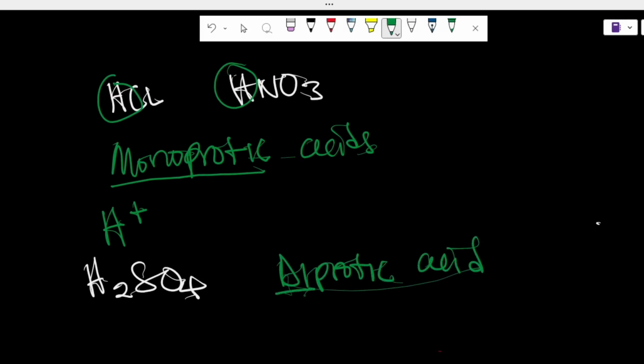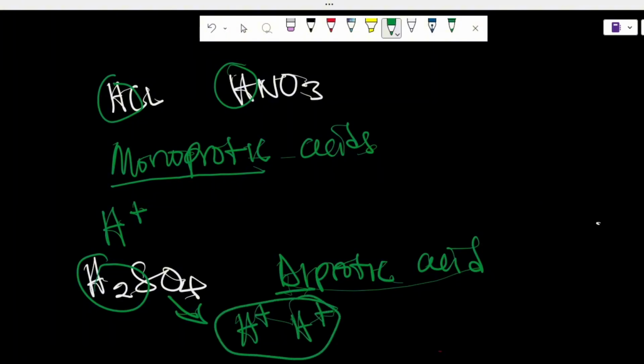So di means two, and when you look at these two hydrogen atoms there, you can clearly see that when sulfuric acid dissolves in aqueous solution, it is going to produce two hydrogen ions. So that's why it's called a diprotic acid. So make sure that you understand these concepts. Now, the other important point also to note here is that when you're talking about strong acids, strong isn't equal to concentrated.